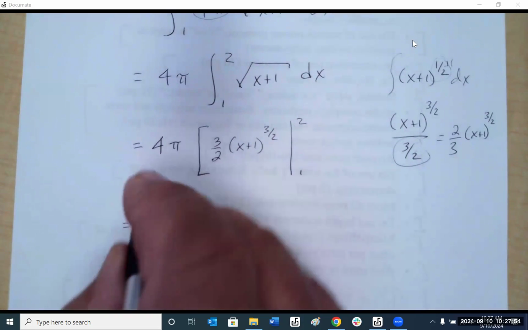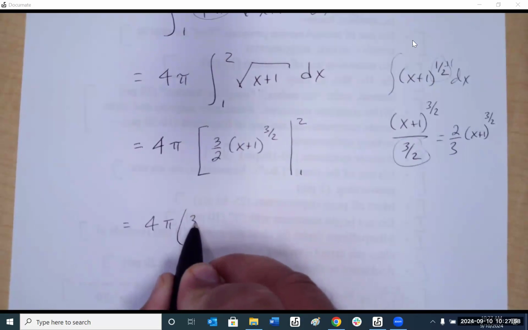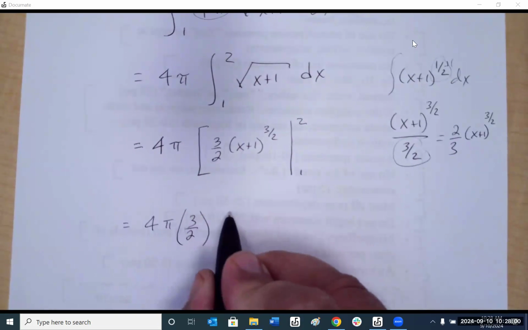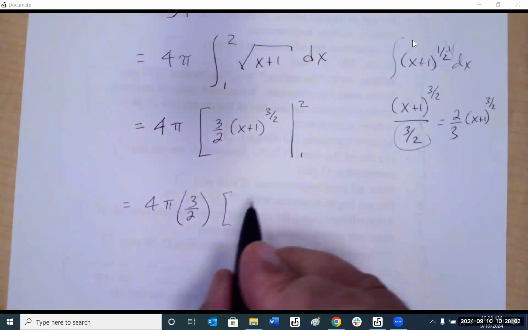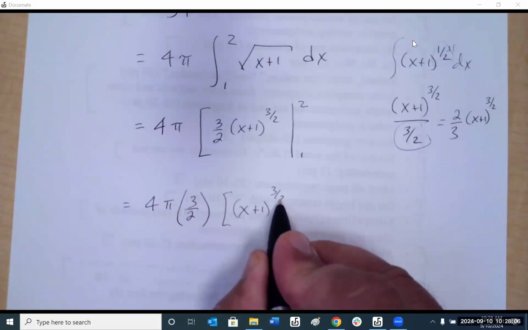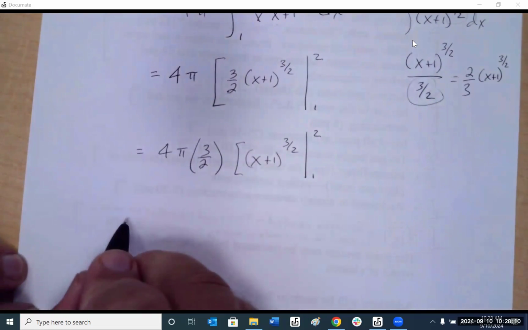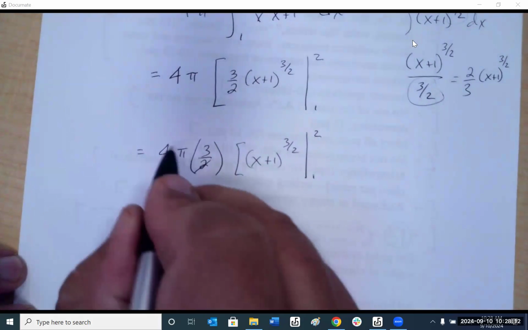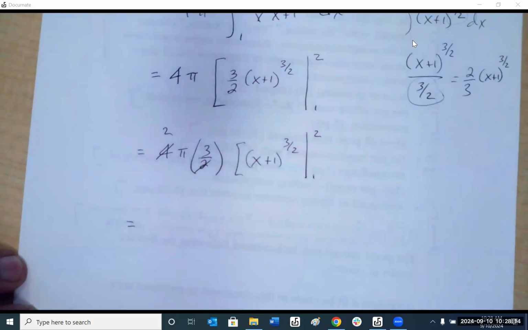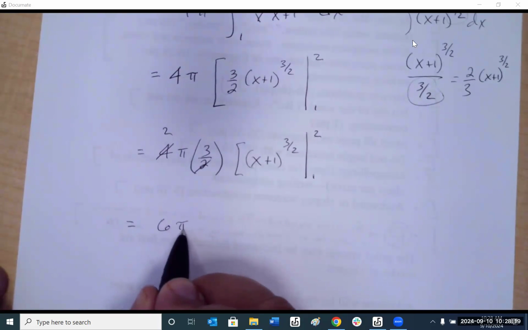The constant can go out in front. So we have 4 pi times 3 over 2 x plus 1 to the 3/2 from 1 to 2. 2 and the 4 cancel. 2 times 3 is 6.